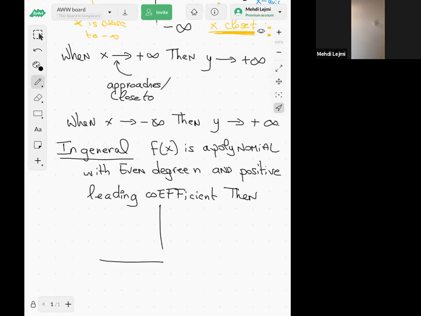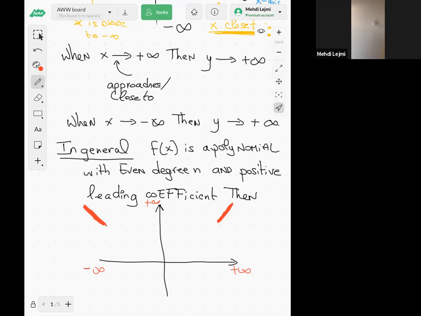when you graph f of x, you know that here's my positive infinity, here's my negative infinity. When your x is at positive infinity, your y is going to be close to positive infinity, so we have this piece here. And if your x is at negative infinity, your y is going to approach positive infinity, so you're going to have this graph here.